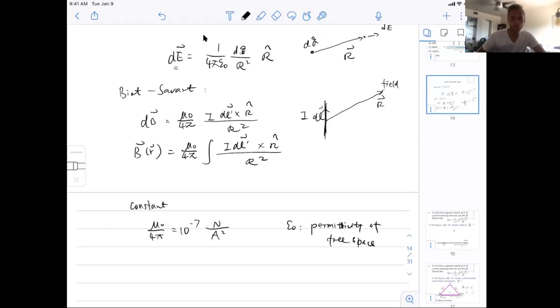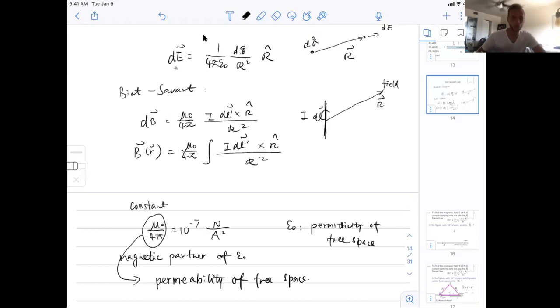So this is like the magnetic counterpart for the same constant, the magnetic partner for epsilon naught. And we call mu naught the permeability of free space. And you probably also recall mu naught and epsilon naught are related to the speed of light, right? They combine together to give you the speed of light.